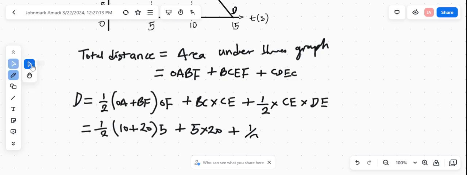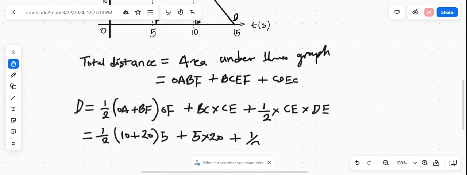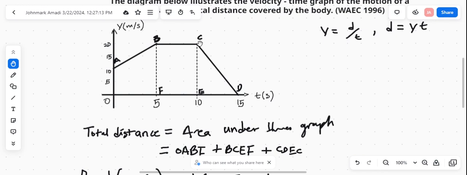Let's extract that. CE times DE. Our CE, from here to here, is 20. Our DE, from here to here, is 5. I hope you know how we got 5: 15 minus 10 gives 5. While from C to E is 20, with respect to the V axis.